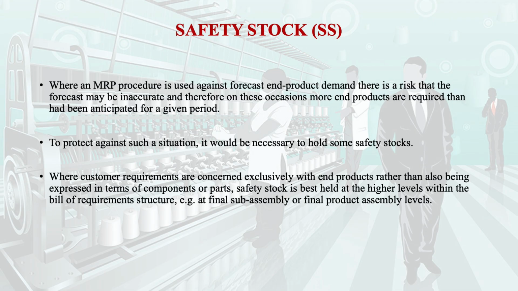Where the customer requirements are concerned exclusively with the end product rather than also being expressed in terms of components or parts, safety stock is best held at the higher level within the bill of requirement structure, so that at the final assembly or the final product assembly level we should not suffer because of the non-availability of certain critical items.